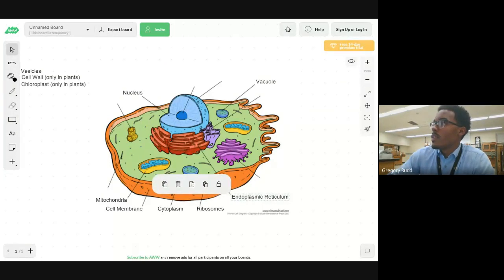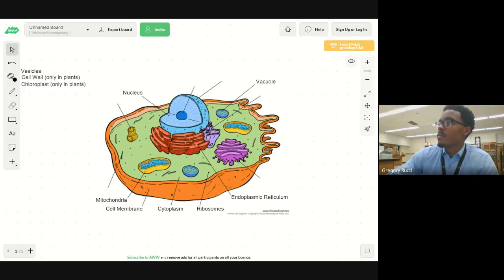All right, so we actually have some pretty high level stuff here that we don't talk too much about in biology. The endoplasmic reticulum, we don't talk too much about. The others we do talk more about. Vesicles we don't talk too much about, but they do come up a little bit. So this is a good job, good starting list. I'm impressed. All right, I'll go back to the slides.